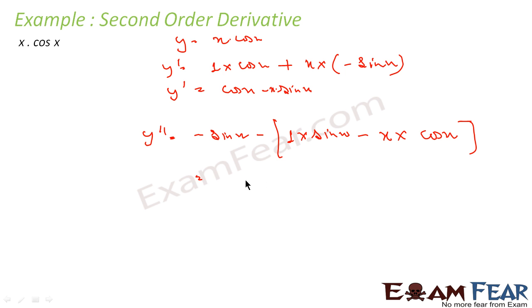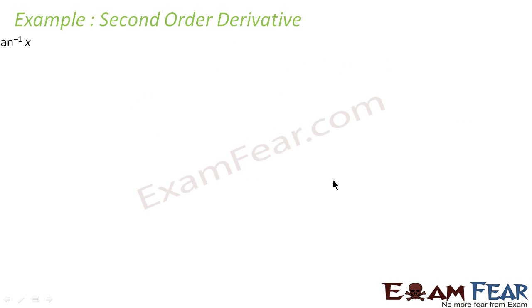Correct? So this is nothing but minus 2 sin x minus x cos x. So if you see, my first order derivative was cos x minus x sin x, and the second order derivative was minus 2 sin x minus x cos x, and that is my answer. Very simple. You have the first order derivative, you find the derivative once again, that becomes the second order derivative.